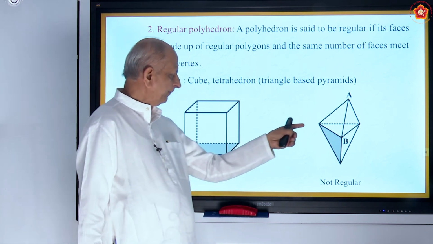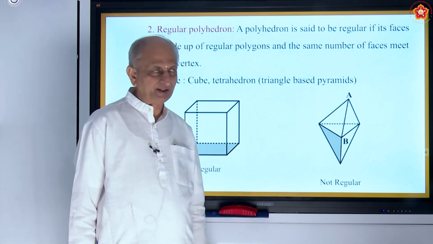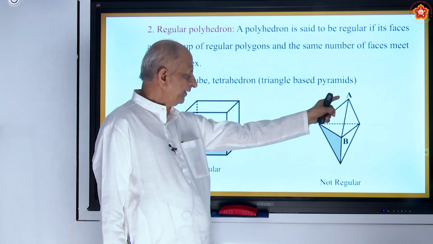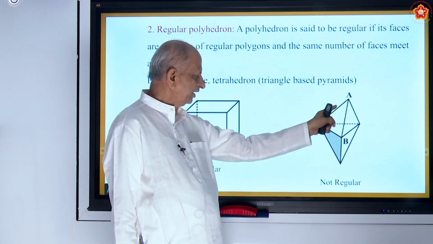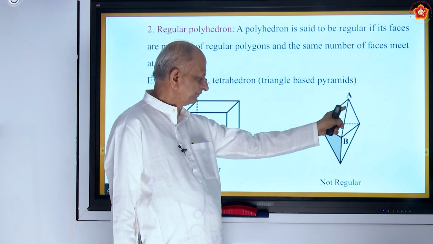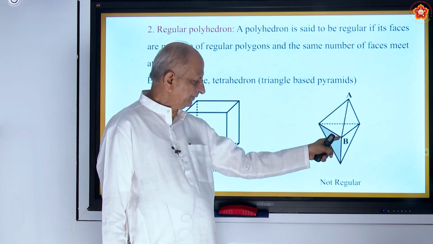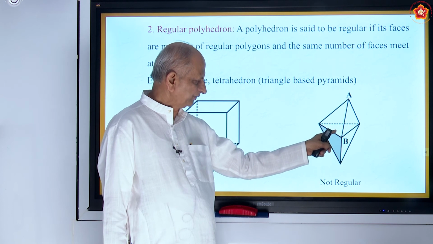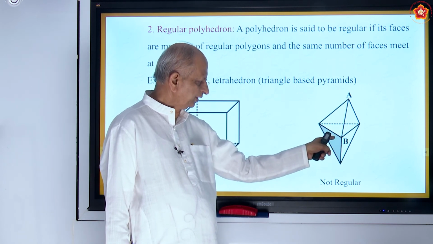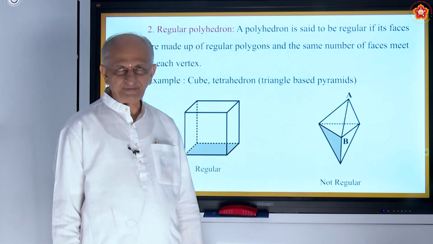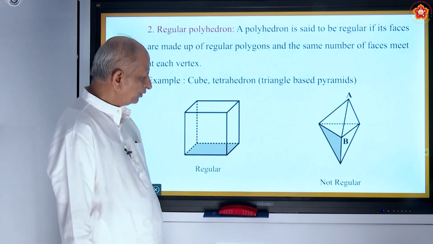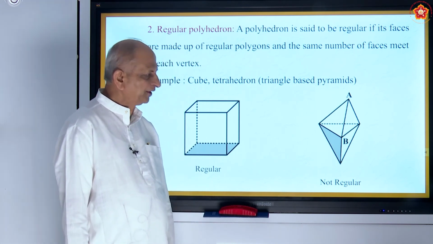Of course, it is a polyhedron, but not regular, because at point A, one vertex, you have 3 surfaces. At point B, another vertex, you have 1, 2, 3, 4, 4 surfaces. Therefore, it is called not regular.